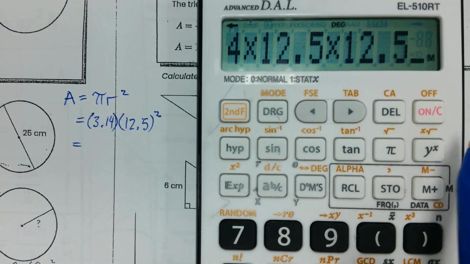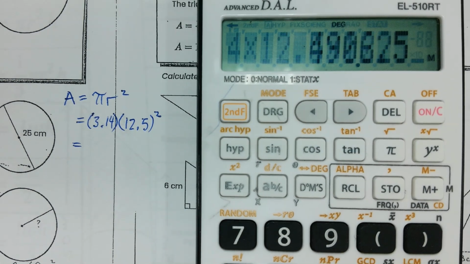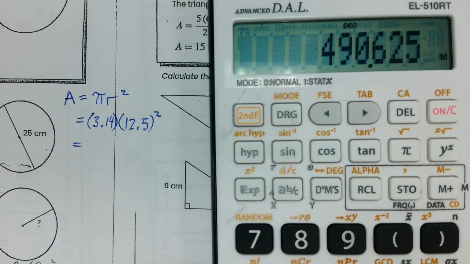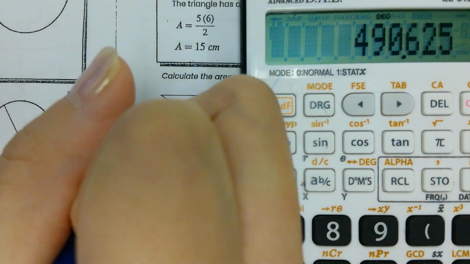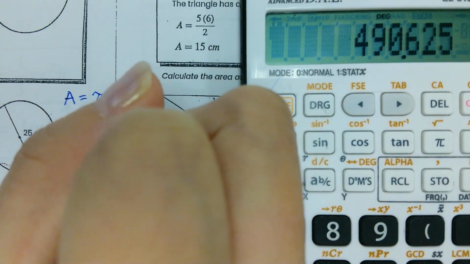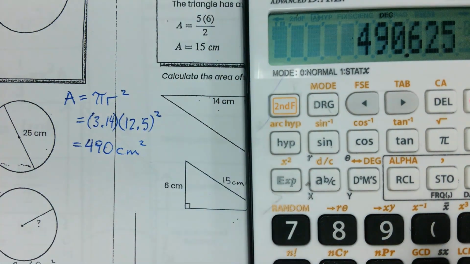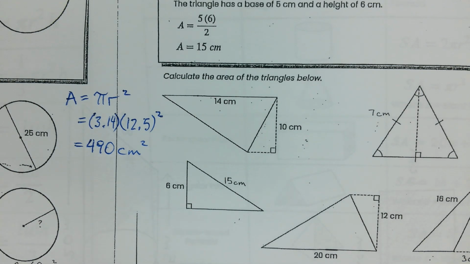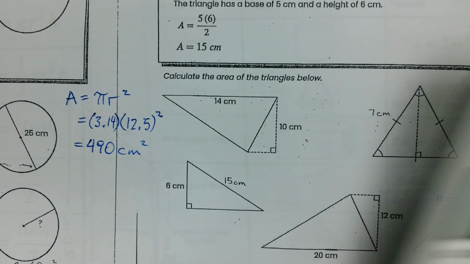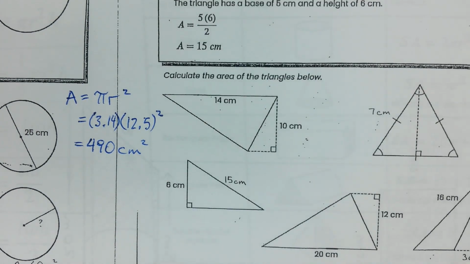You can either use the square button, or just multiply by another 12.5. And you get this. How many of you got 490? What's your unit though? Square, square, square. This is the only time where your unit changed from centimeters to centimeters square. On the test I'll tell you how many decimals to carry.